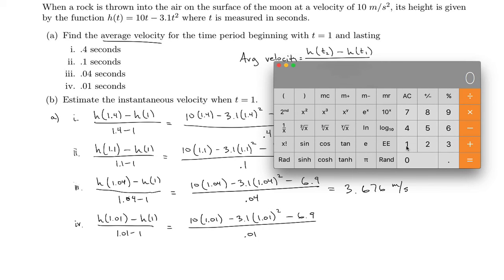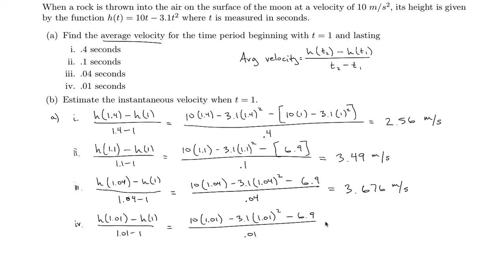So 10 times 1.01 is 10.1 minus 3.1 times 1.01 squared minus 6.9, and divide that by 0.01. 3.769. Again, meters per second.